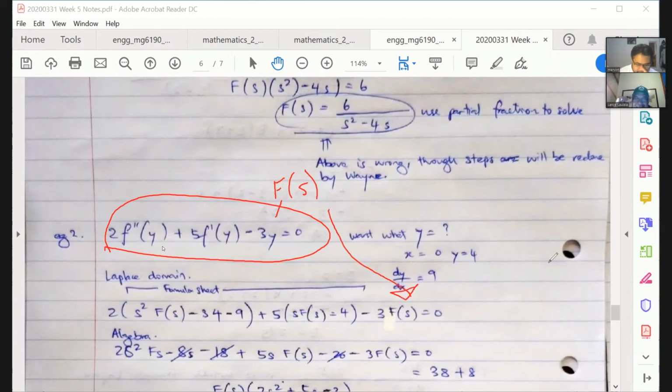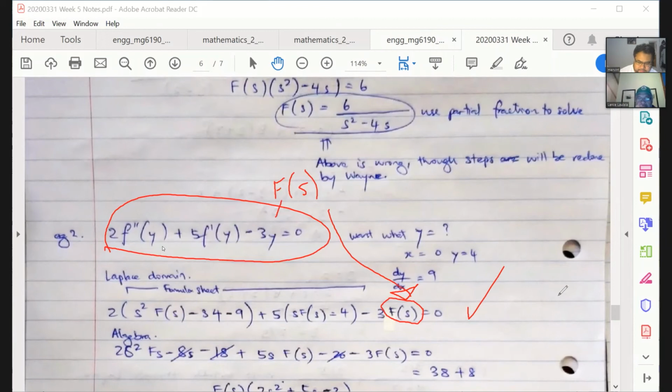Once you change everything to Laplace transform using the formula sheet, you've got this step. And what was the next one that we did? Make F of s the subject. Chuck everything to the other side and make the function F of s the subject. That's what we did.